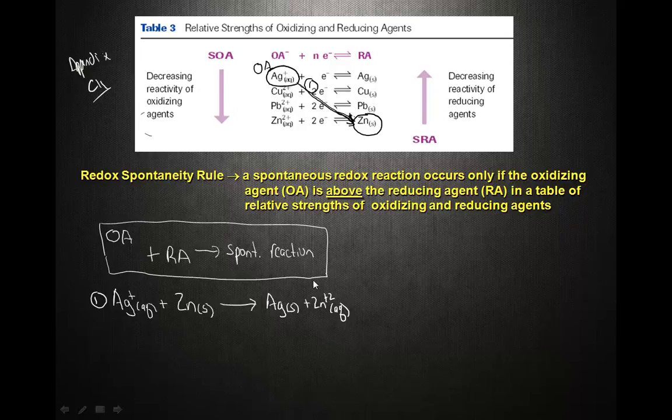And so you see that this has been reduced, and this has been oxidized. And remember, if you get reduced, you were the oxidizing agent, and if you're oxidized, you are the reducing agent. And so now you see what this OA-RA business is all about.